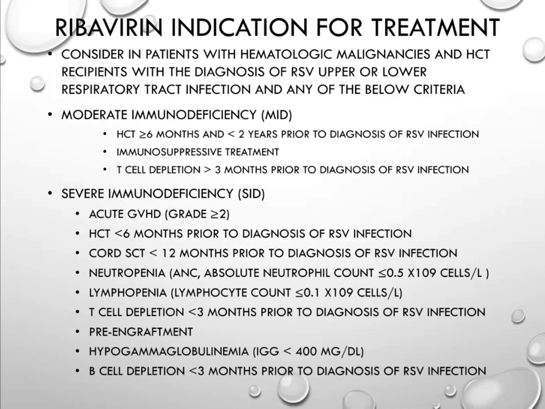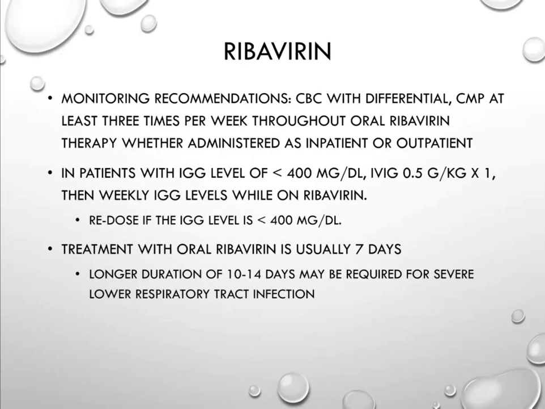We consider it in patients with hematological malignancies and hematopoietic stem cell transplant recipients with RSV upper or lower respiratory tract infections and moderate to severe immunodeficiency based on the criteria that you see below. We do need to monitor it carefully, particularly for hemolytic anemia.